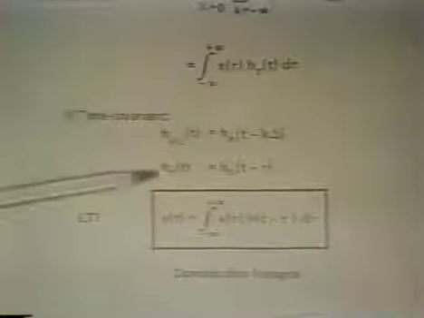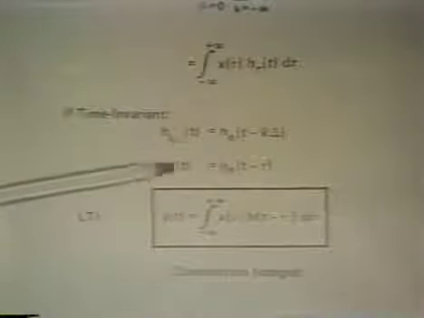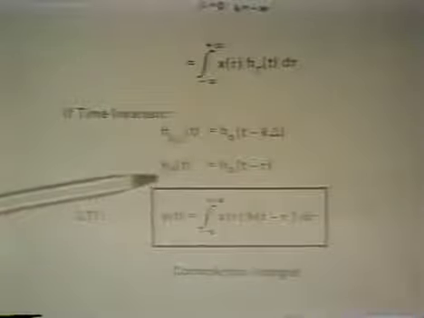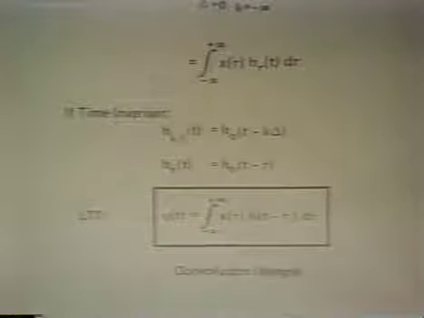In particular, if the system is time invariant, then the response to each of these delayed impulses is simply a delayed version of the impulse response. And so we can relate these individual terms. In particular, the response to an impulse occurring at time t equals tau is simply the response to an impulse occurring at time 0 shifted over to the time origin tau.